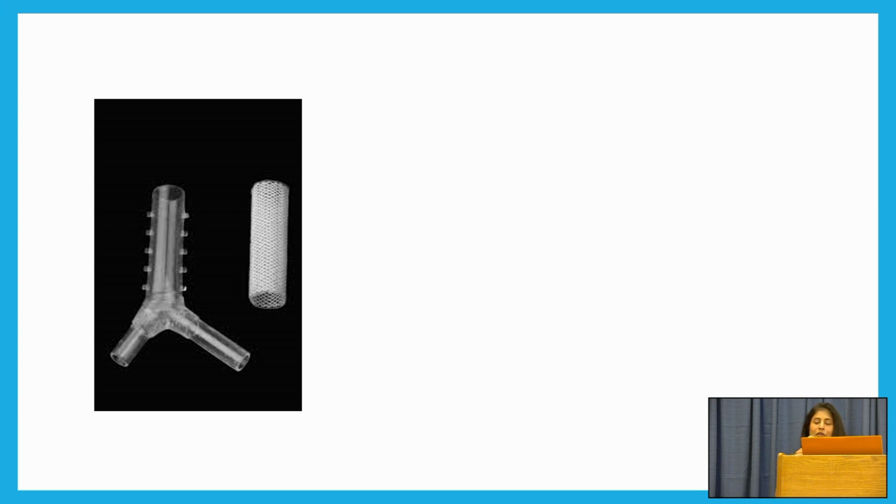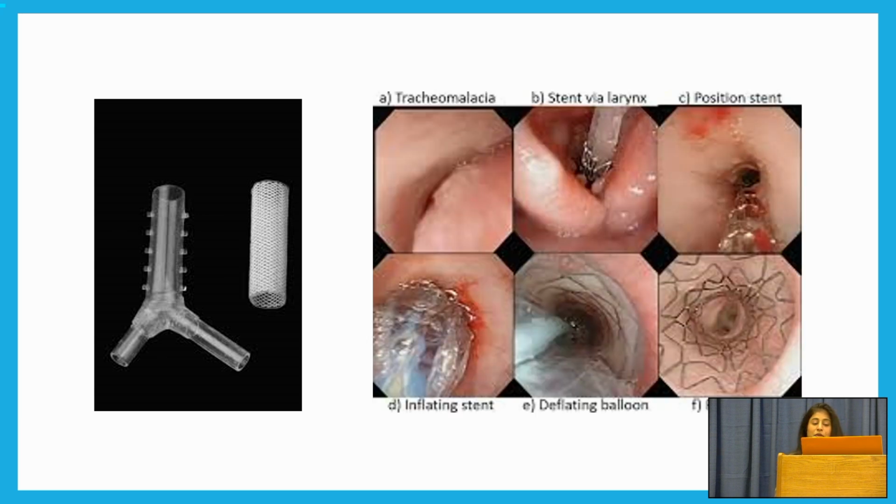It's amazing. They print it out, and they literally place it with the bronch. So you can see kind of sequentially on the pictures, tracheomalacia, they're putting the stent via the larynx, they position it, they inflate it, they deploy it, and that's the stent. And this is really for tracheomalacia, or if there's tracheal stenosis.